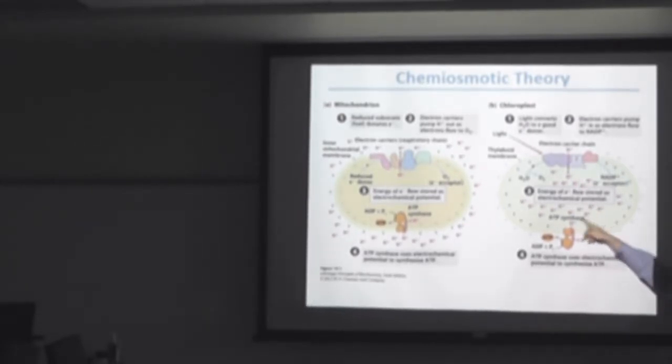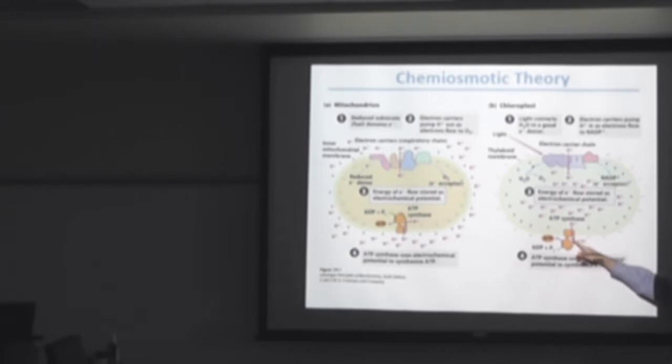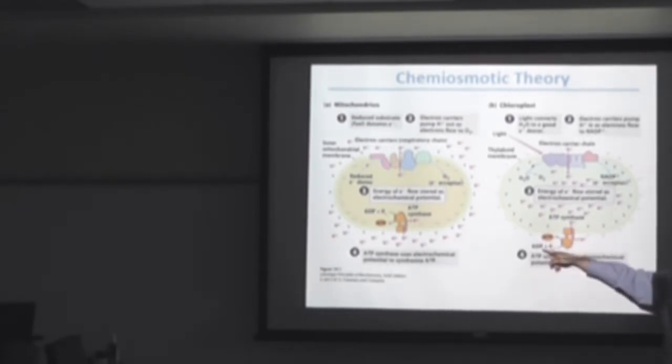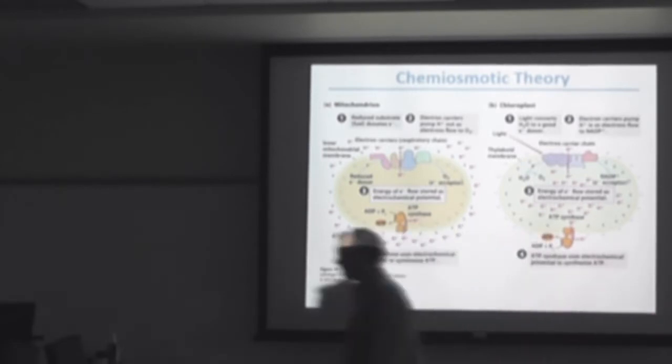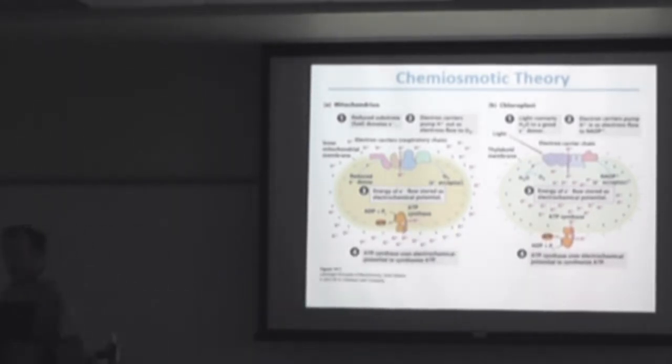Then the protons flow down their electrochemical gradient again, producing ATP from ADP and phosphate as you get that shift in conformations.